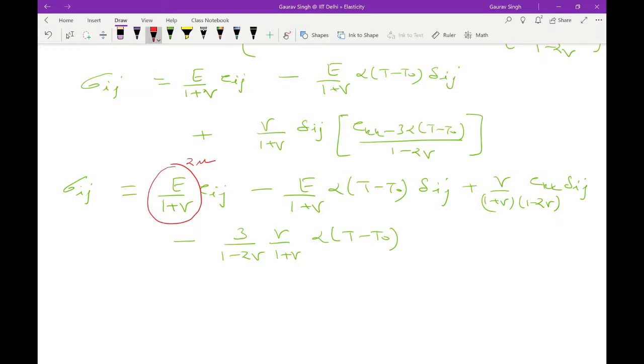That's the first step. Let's see what else we can do. Then we have this particular term, nu by 1 plus nu times 1 minus 2 nu.